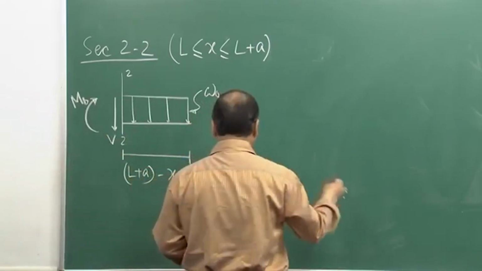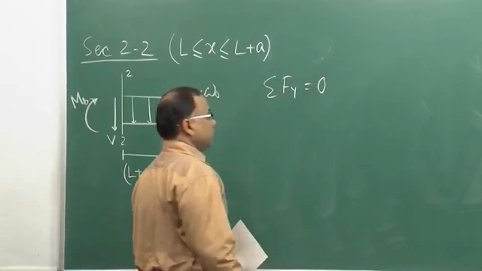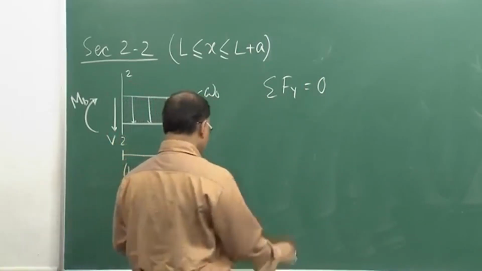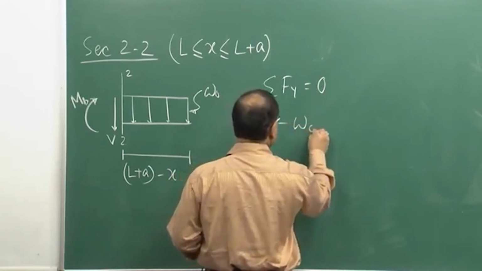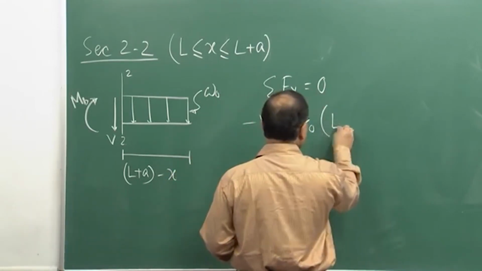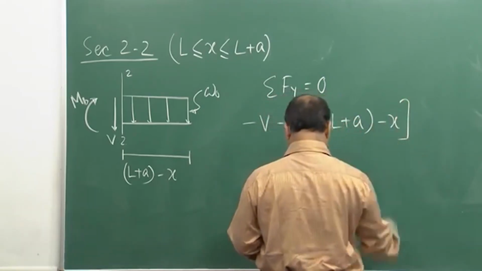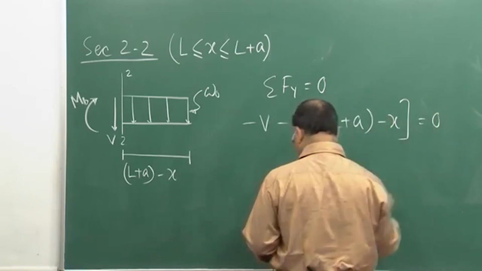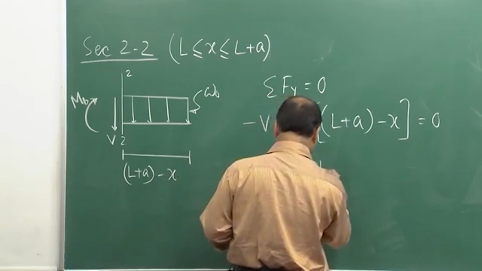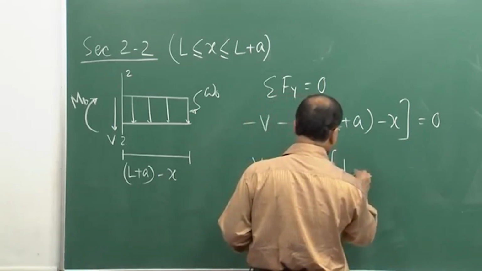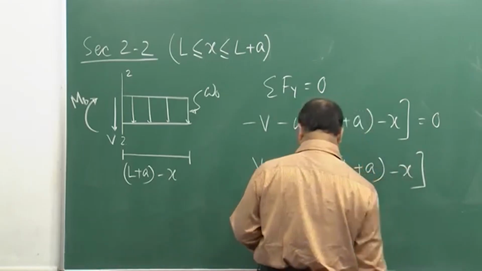So, again we will be doing the same thing, we will be taking summation of Fy equal to 0, that gives me minus V minus W naught into (L plus A minus x) equal to 0, from which I can get V equal to minus W naught (L plus A minus x).